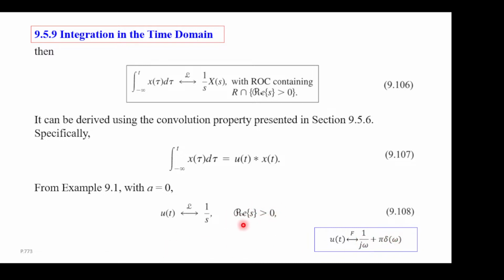So for this ROC, real part of s bigger than 0, you actually don't see this delta function part, because it only happens on the imaginary line, which technically isn't in this ROC. The ROC is real part of s bigger than 0; it doesn't contain real part of s equal to 0.